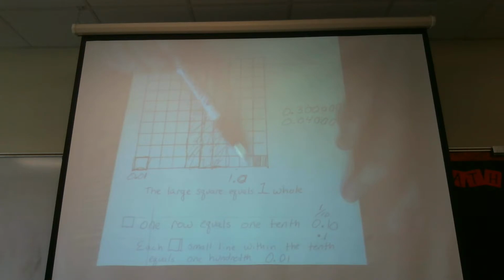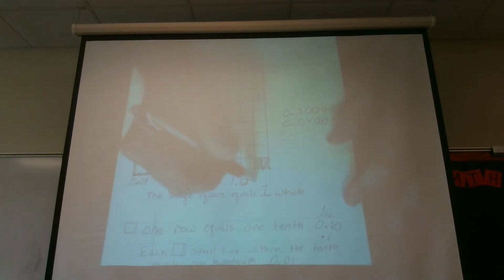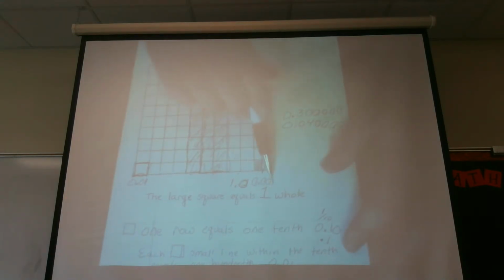So I got 10 thousandths out of 100th. It's going to be thousandths. So each one of those parts right there is going to equal a thousandth. The third place behind the decimal point is the thousandths place.